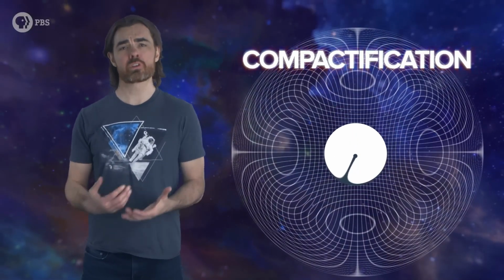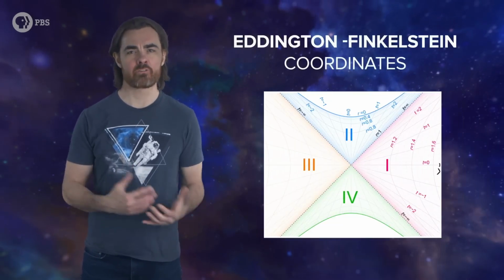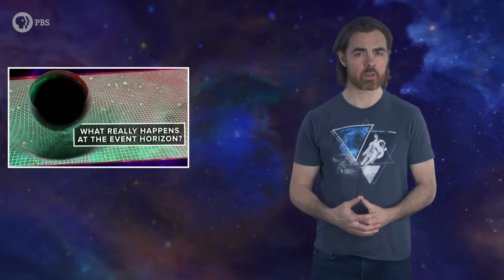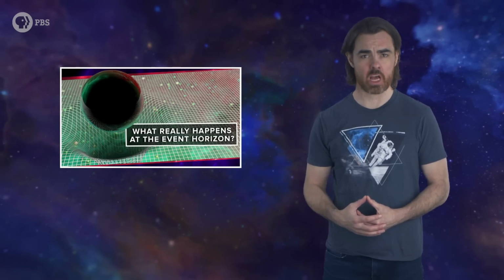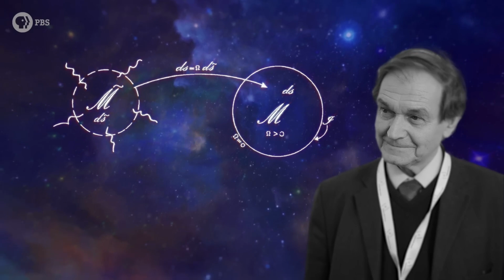The first efforts were designed to allow physicists to cross the event horizon of black holes, at least mathematically. We have Kruskal-Szekeres coordinates, Eddington-Finkelstein coordinates, and others. But these coordinates only defeated the artificial infinity, the coordinate singularity of the event horizon, which is also something we've discussed. It was Roger Penrose who defeated the true infinity of an infinitely large universe.